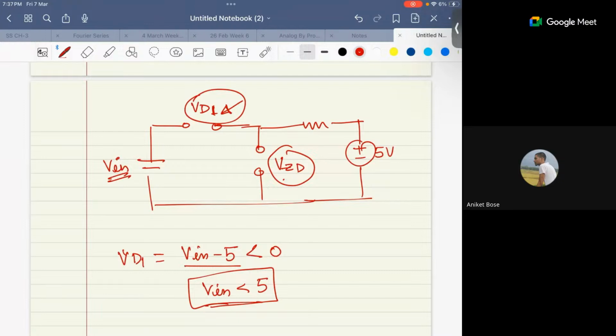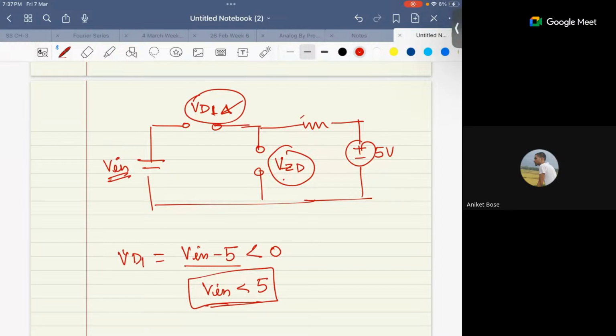If we assume the Zener diode is disconnected, that is open circuited, and D1 is short circuited, then there will be a current in the branch of D1 and the resistor. So there will be a potential drop in the resistor.